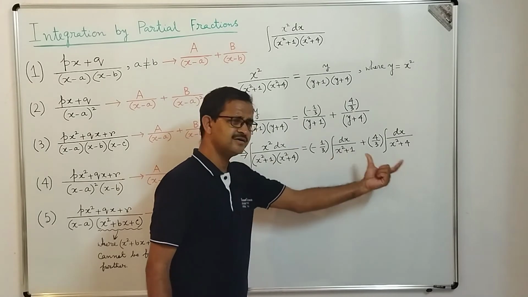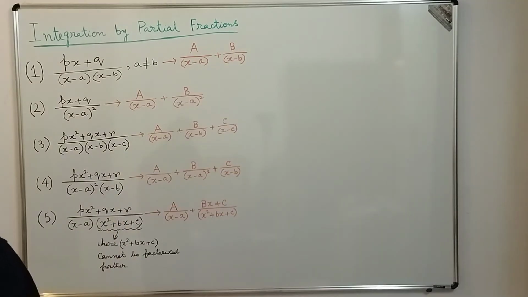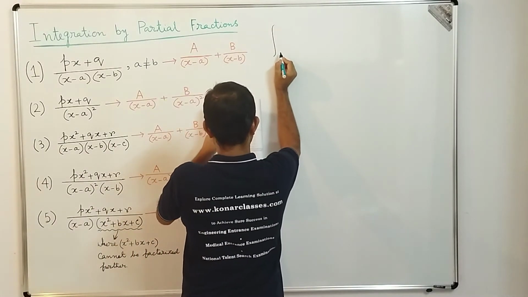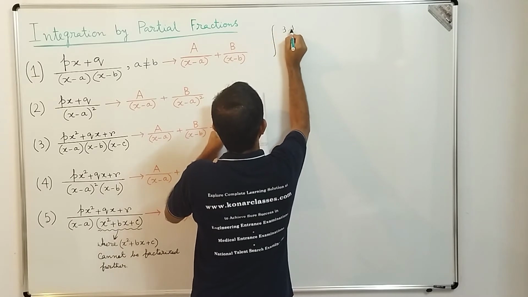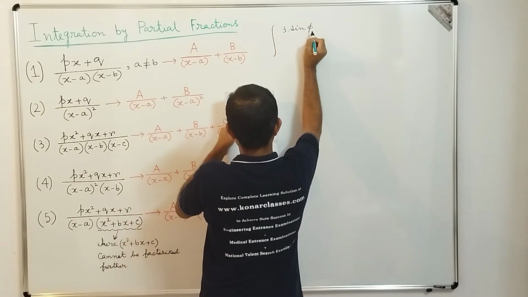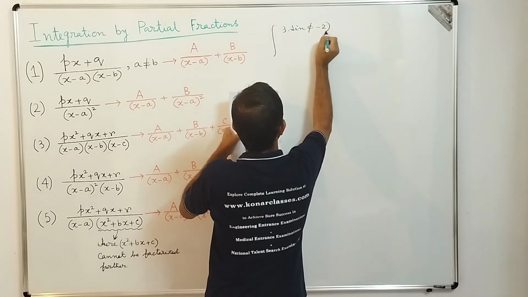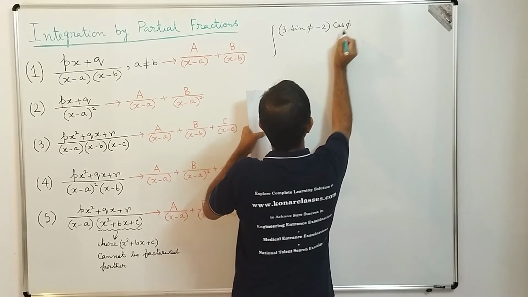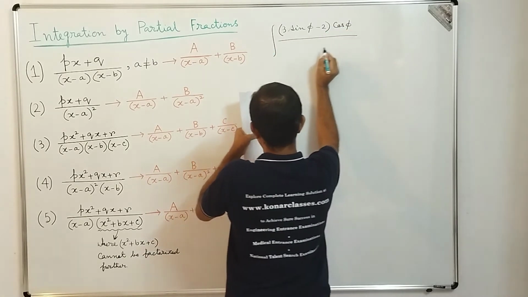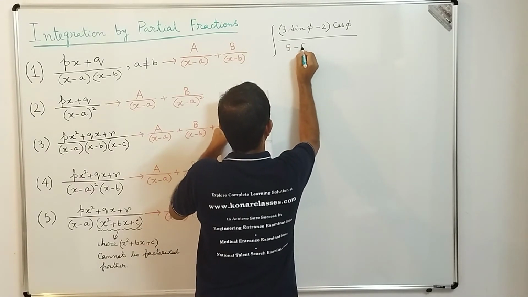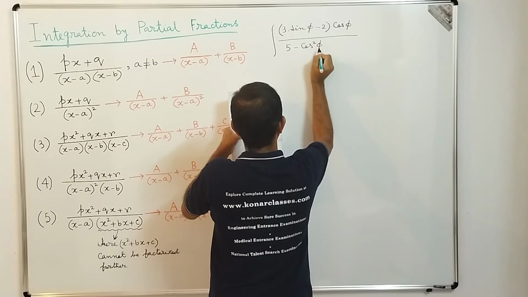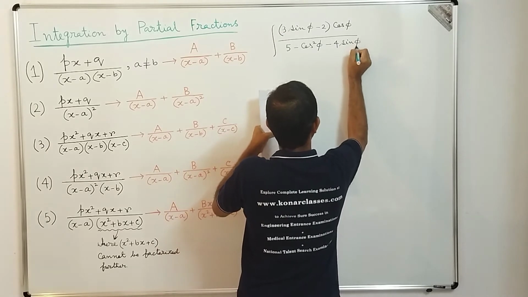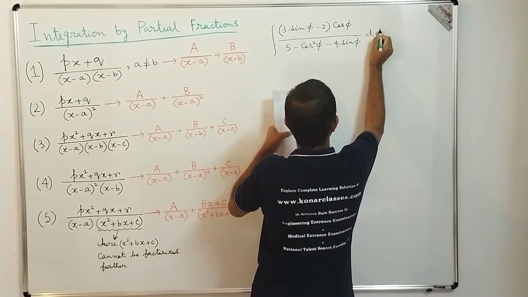Now the right hand side integration is now very easy to do. And here is that. So let me write down the question. So integration of (3 sin phi minus 2) into cos phi, divided by (5 minus cos square phi minus 4 sin phi), into d phi.